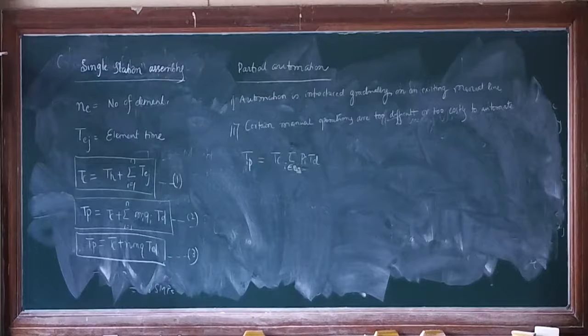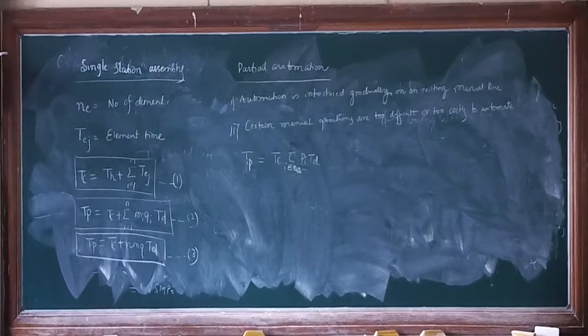Looking at this equation, the summation of i is to Na, and Na is for the automated stations only. Automated stations perform the assembly operations, in which the part is added, that is partial automation where manual assembly is added.